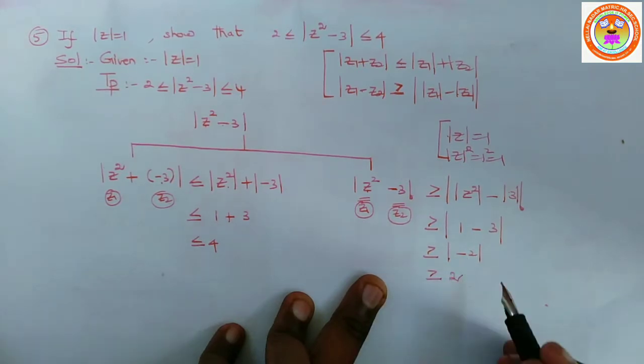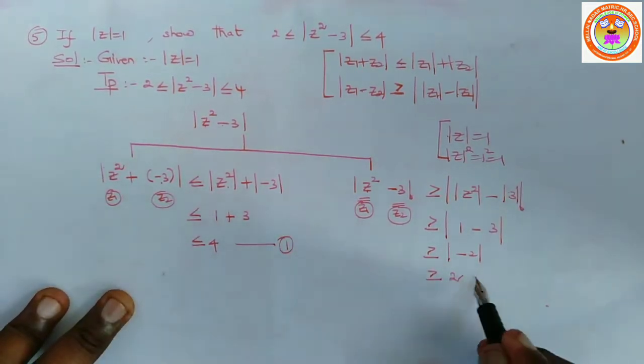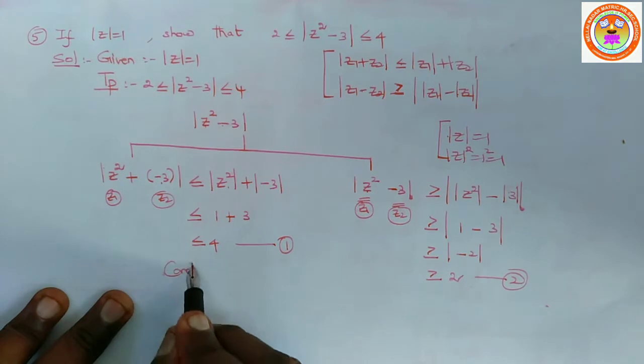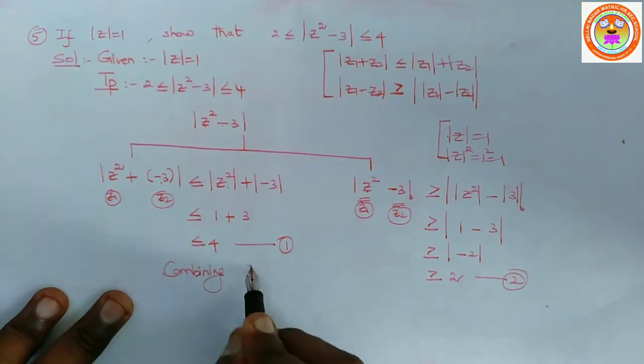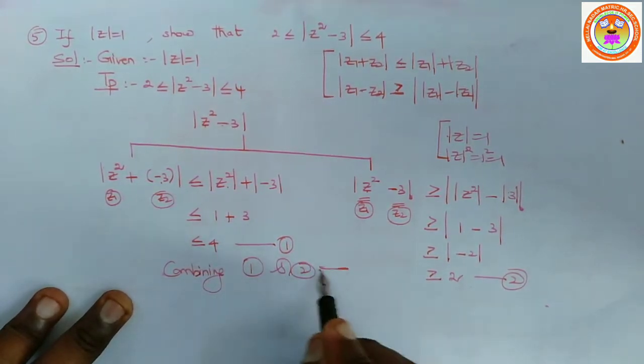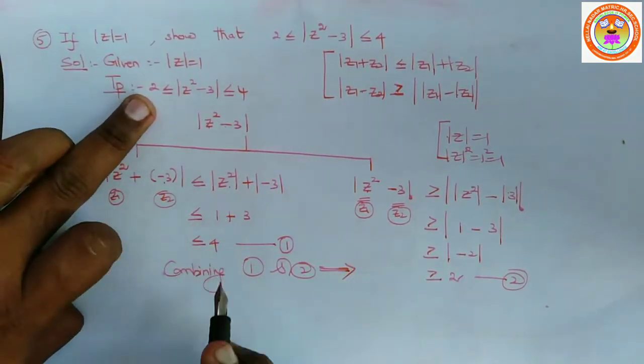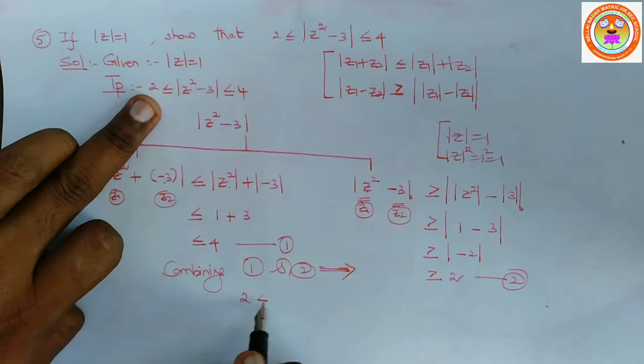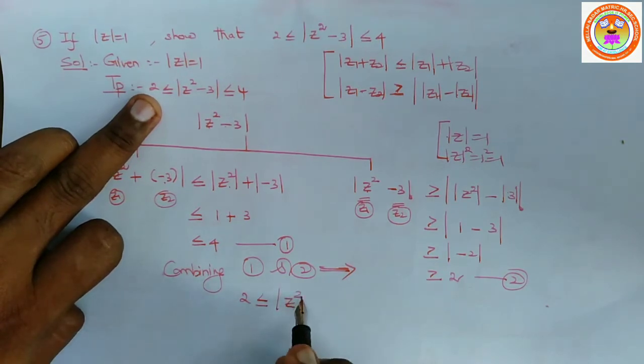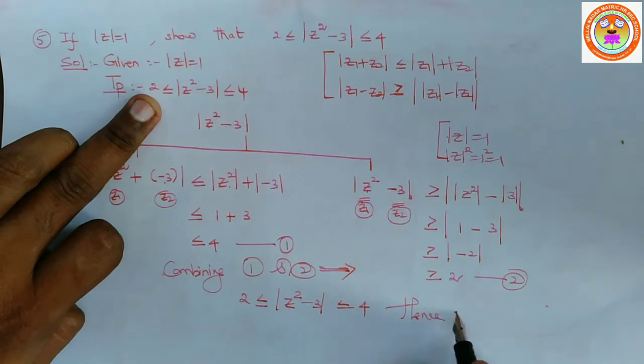Minus will become plus 2. So keep this equation 1, keep this equation 2, combining 1 and 2. Combining 1 and 2 we get, first write this one and this one and this one. So if you want you can see the question right. 2 less than or equal to modulus of z square minus 3 less than or equal to 4. Hence proved.